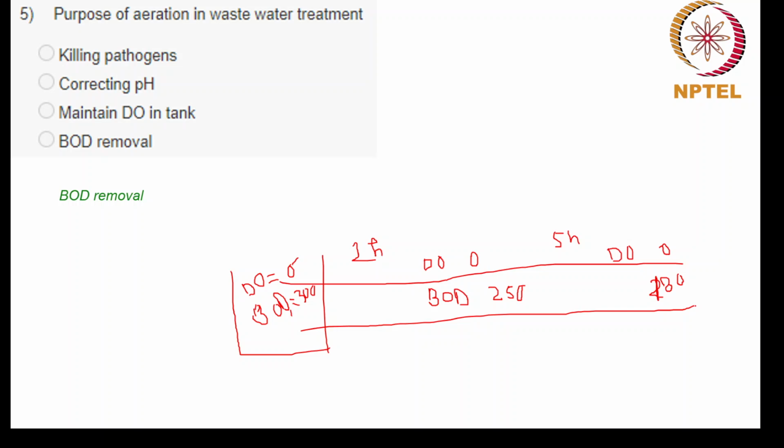So we aerate for removing the BOD. This is the same in the ASP process, the activated sludge process. Here also aeration is performed. In the activated sludge process, we perform aeration for the removal of BOD, for making the bacteria survive.